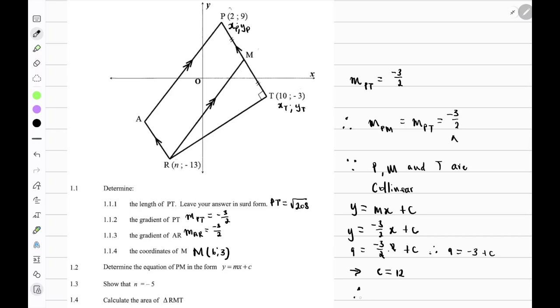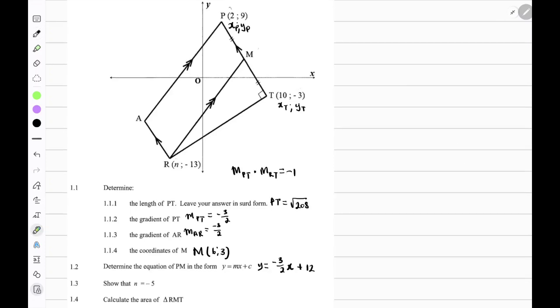So therefore y should be equal to negative 3 over 2 x plus 12.